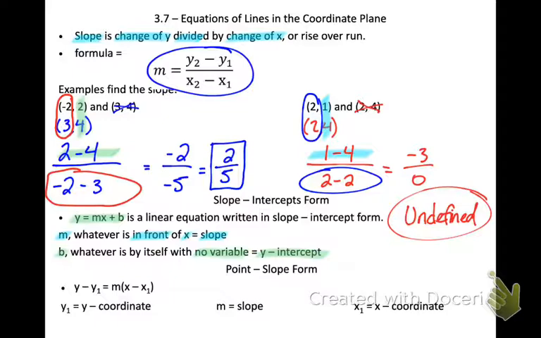So that's slope-intercept form. And then the other one that we have is point-slope form. This is your point-slope formula. And really the important part of your point-slope formula is the x and the y always stay x's and y's. Your m is still your slope, like it always is.